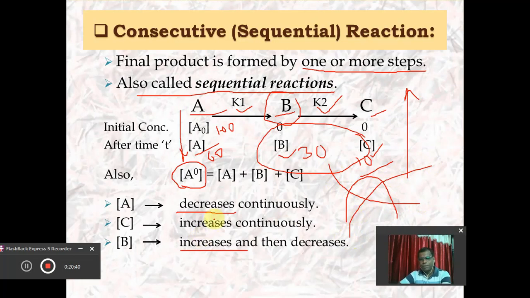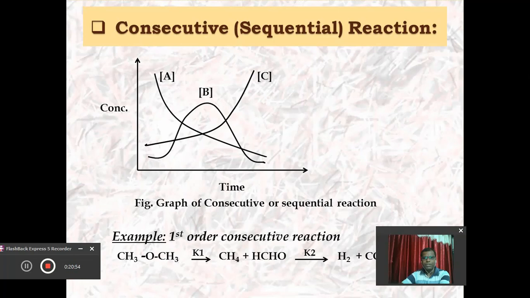Because this is just the intermediate, it will not remain in the reaction. The reactant definitely decreases with time, and the product's concentration definitely increases with time.